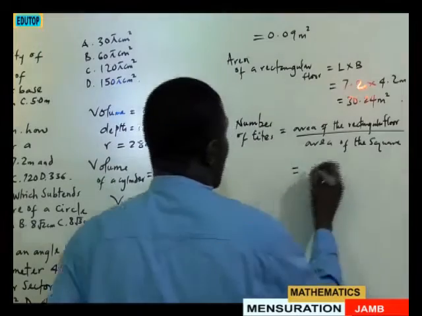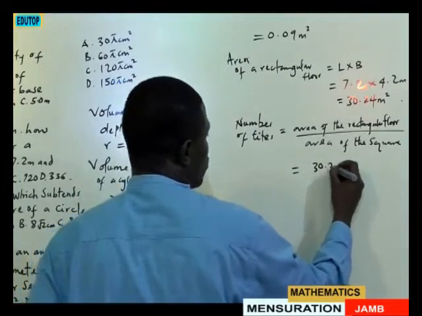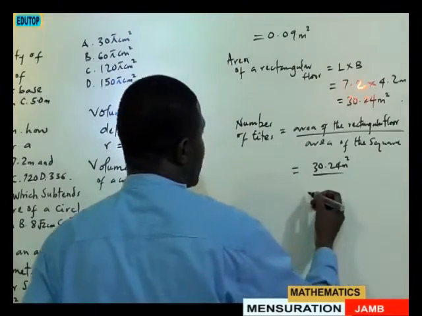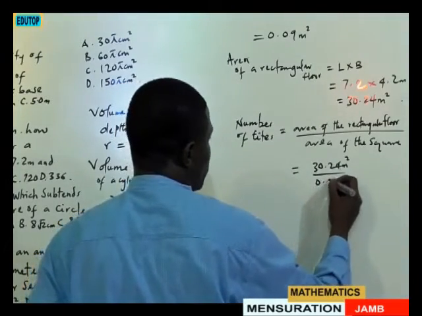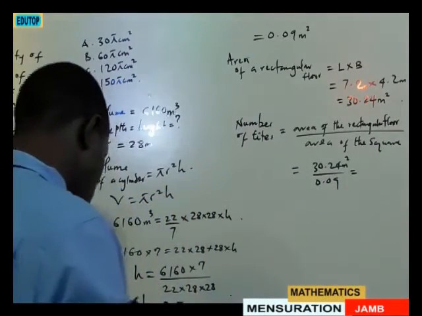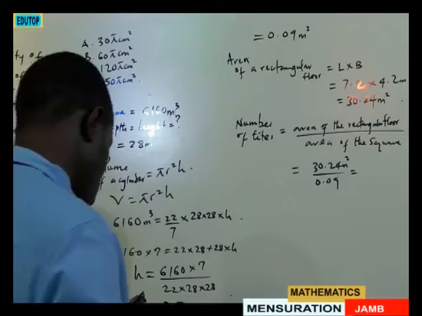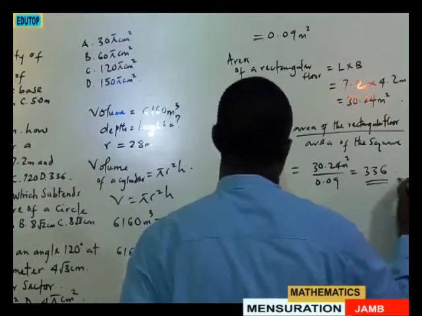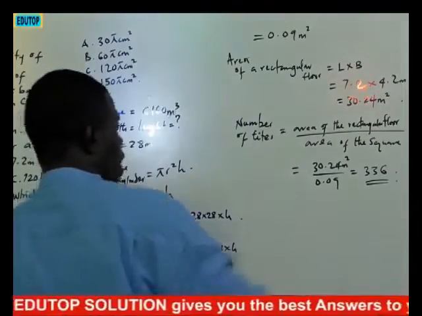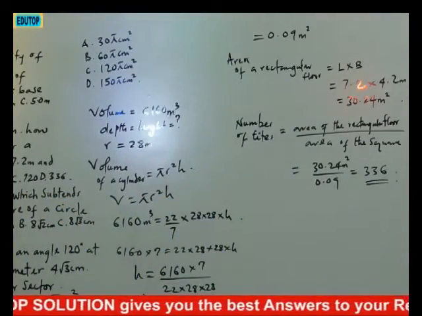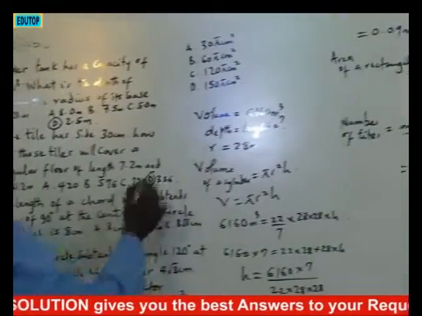So what is the area of this? That's 30.24 meter square. What is the area of the square? That's 0.09. So we use that divided by 0.09, and that would be 336. So the number of tiles that we need to cover the rectangular floor would be 336. So let's go to our option and see the one that matches that, and that's option D.